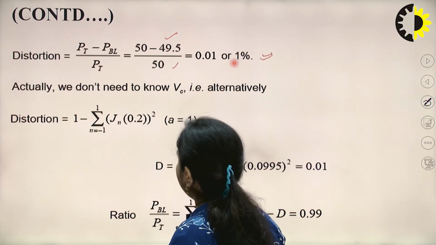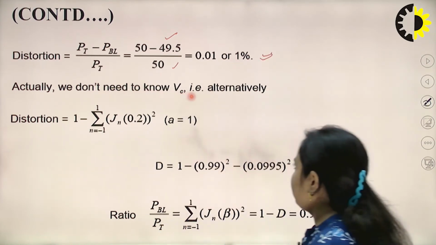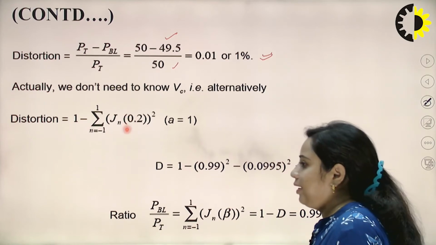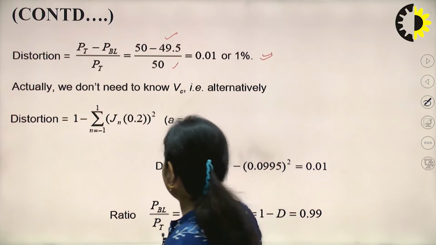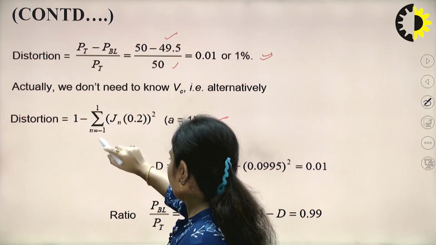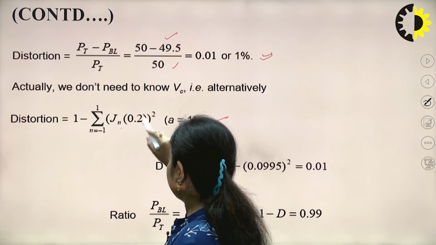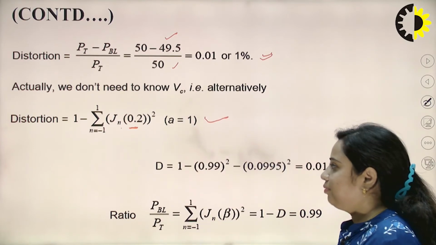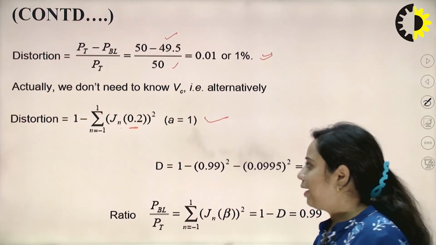Actually we don't need to know the value of Vc, as alternatively we can find it directly using this formula, that is distortion is equal to 1 minus the summation for n from minus 1 to 1 of Jn(beta) square, where beta is 0.2 that we have considered in the numerical, and n will vary from minus 1 to plus 1.